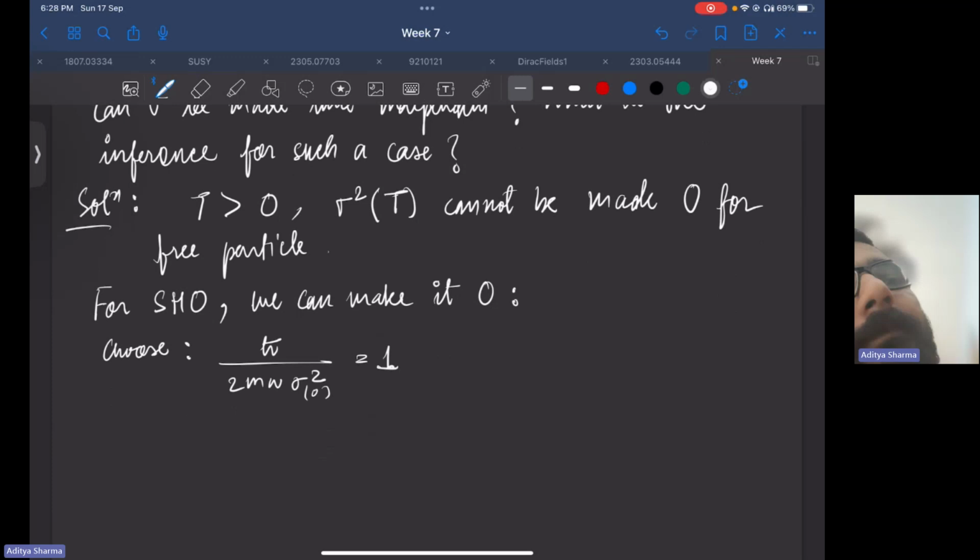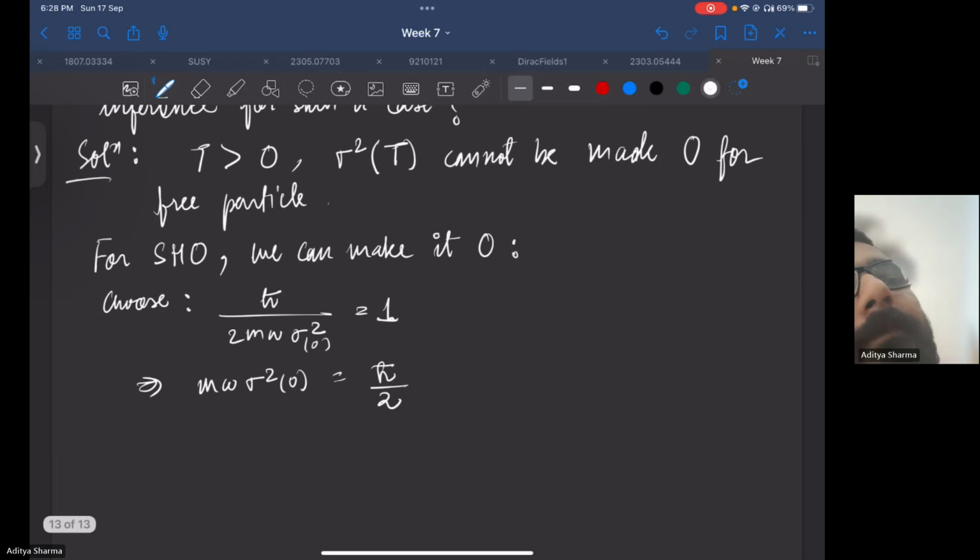Now this is sigma 0. So what you're going to see is m omega sigma square 0 is equal to h bar by 2.